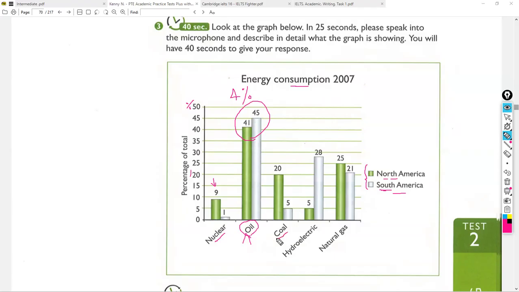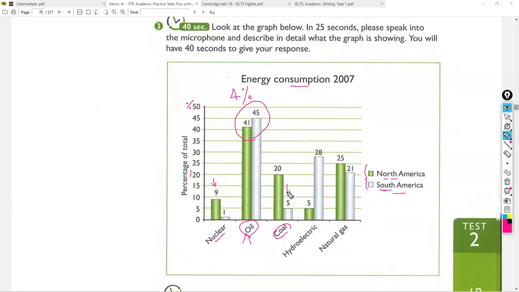Now, what about coal? The consumption of coal in North America is like 20%, and in South America it's only 5%.